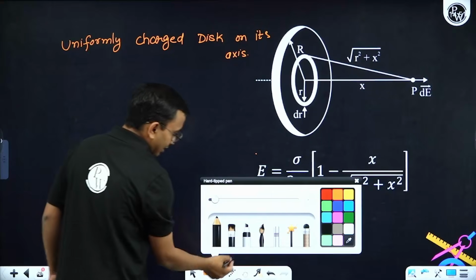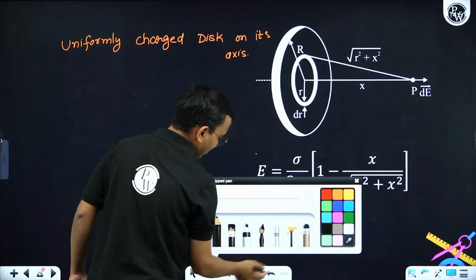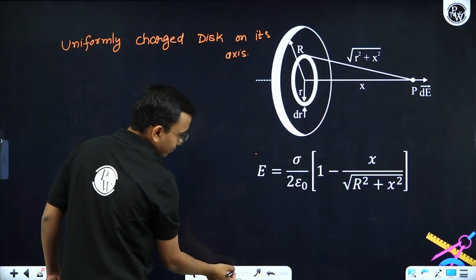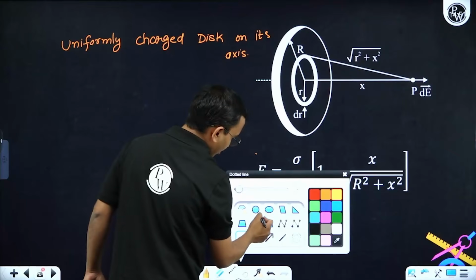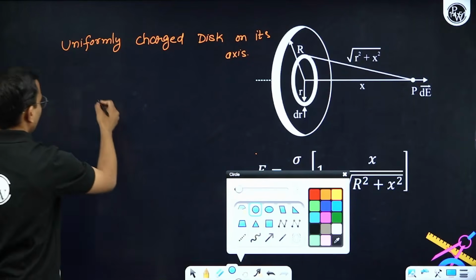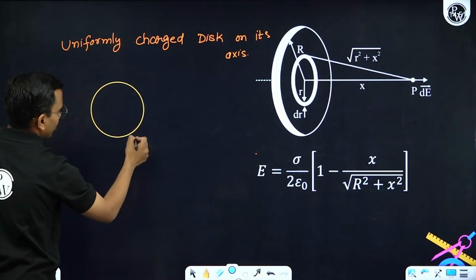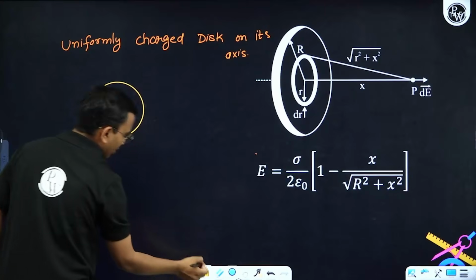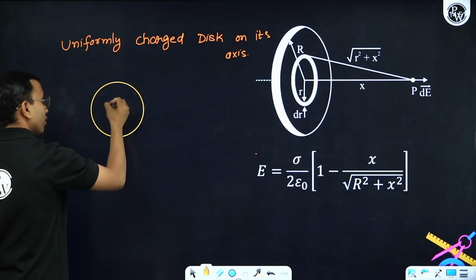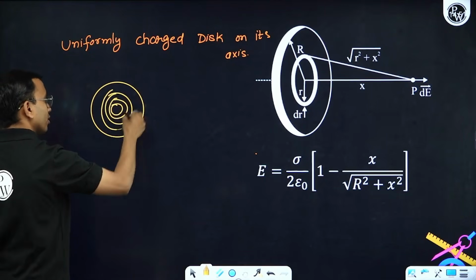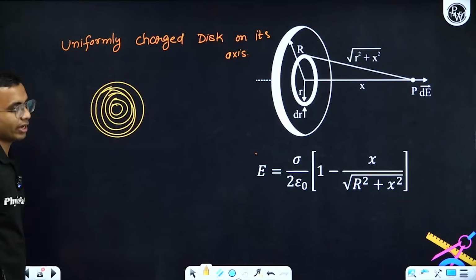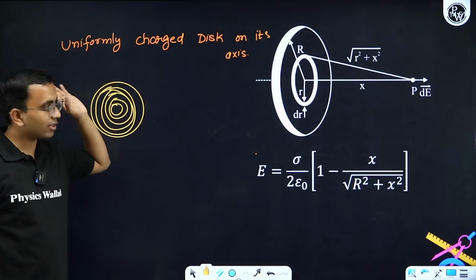I am considering the disk to be made up of so many rings. This is my disk. So I am considering it to be made up of an infinite number of these continuous rings.